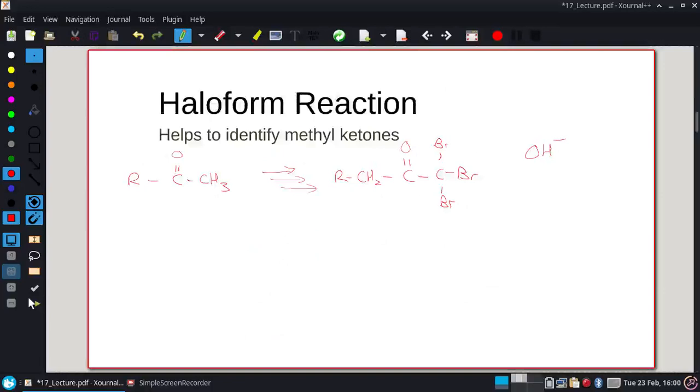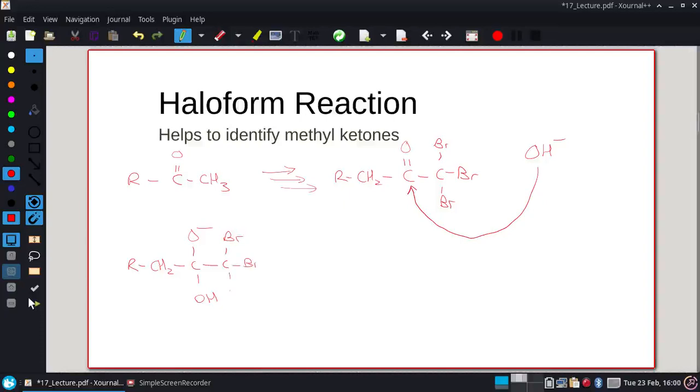However, what we find is this guy is now super darn attracted to the backside of this because all these electron withdrawing groups have made this really electrophilic. All right, when that happens, we end up with a tetrahedral intermediate, just like we saw with our aldehydes and carboxylic acid derivatives.